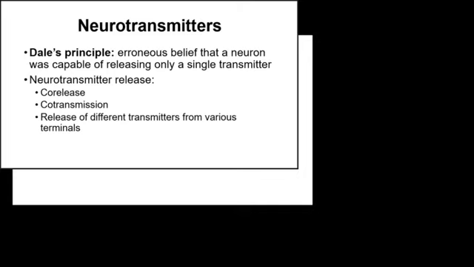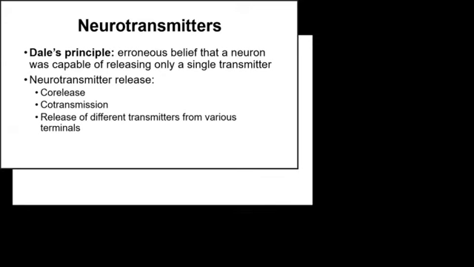So not only can neurons release multiple different kinds of neurotransmitters, they can release them in a bunch of different ways. So we're going to look at 3 different methods. So we can look at co-release, co-transmission, and then the release of different transmitters from various terminals.